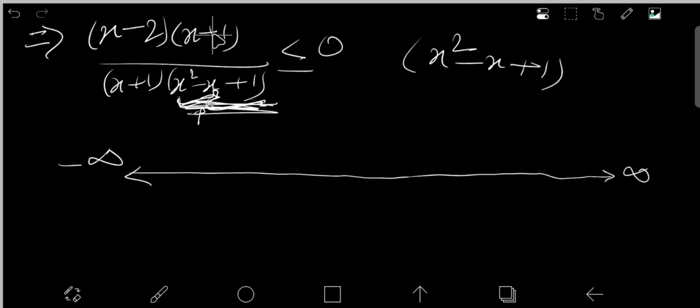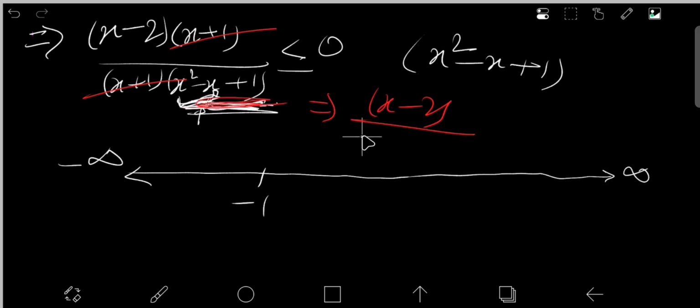Only we take this one. x not equal to minus 1, because when we take minus 1 then this is undefined. But why not take minus 1 here? Because this term and this term are cancelled, so we are left with only x minus 2, and this one is positive, so it does not affect our solution.